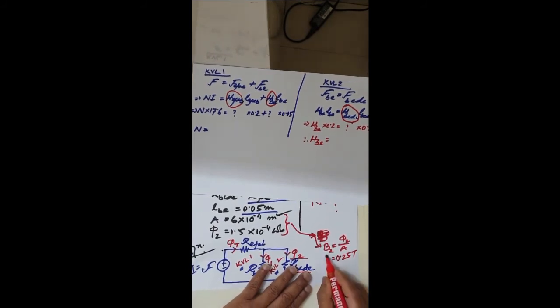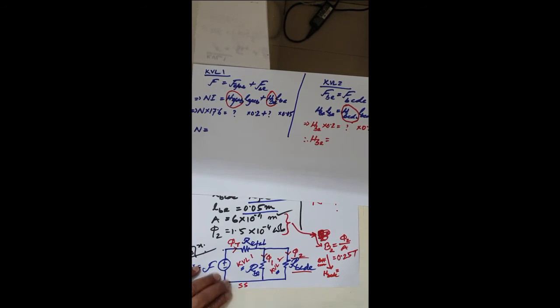This 0.25 Tesla is giving you B2, and from B2 you are going to get the H2. H2 means H_BCDE. That means it is coming from the BH curve. And our material is stainless steel, SS materials we are using here.